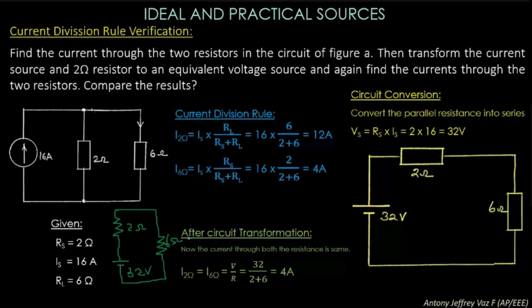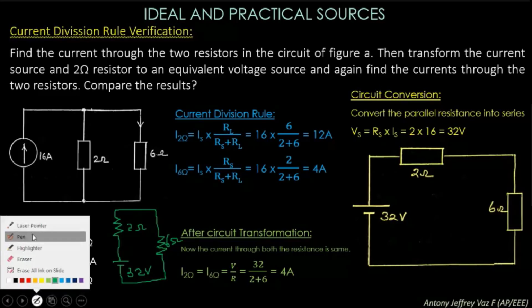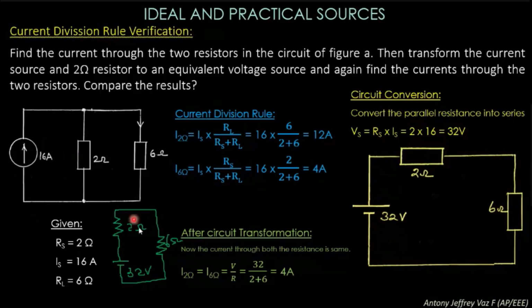Okay, now we have converted the current source into voltage source, and this circuit is represented over here. This is the source resistance, which is 2 ohms, and this is the load resistance, which is 6 ohms. We know that when these two resistances are connected in series, we can just add them.